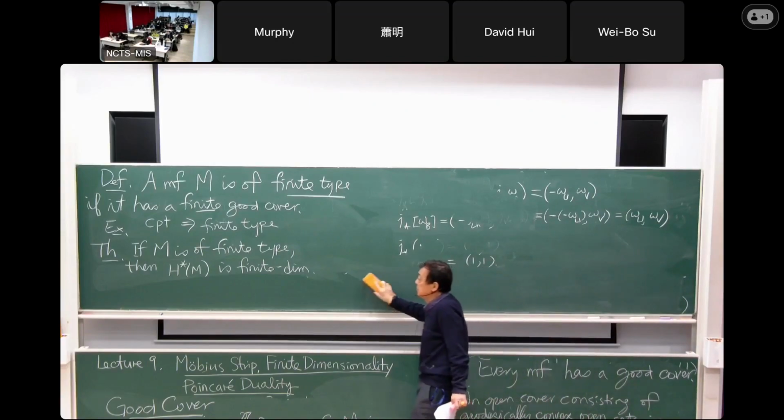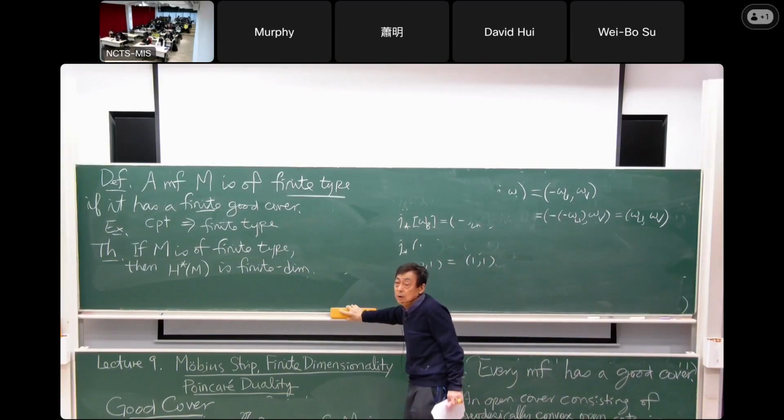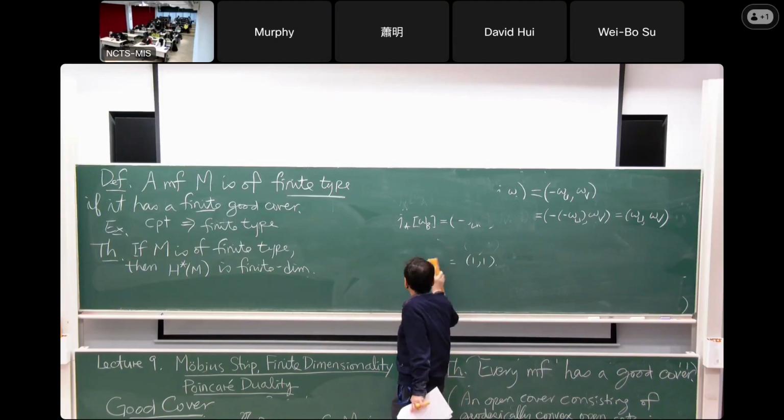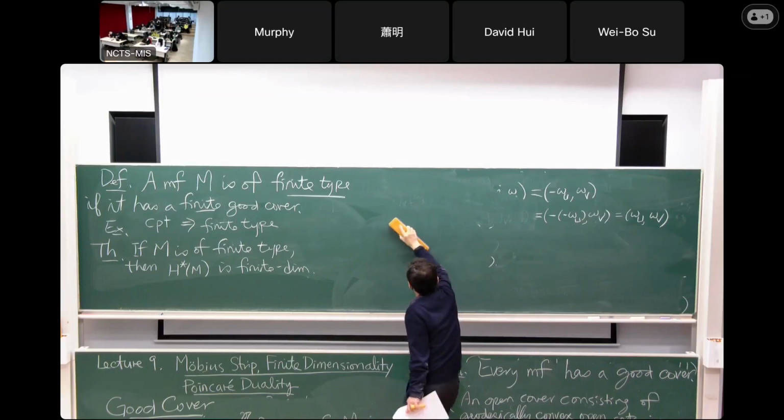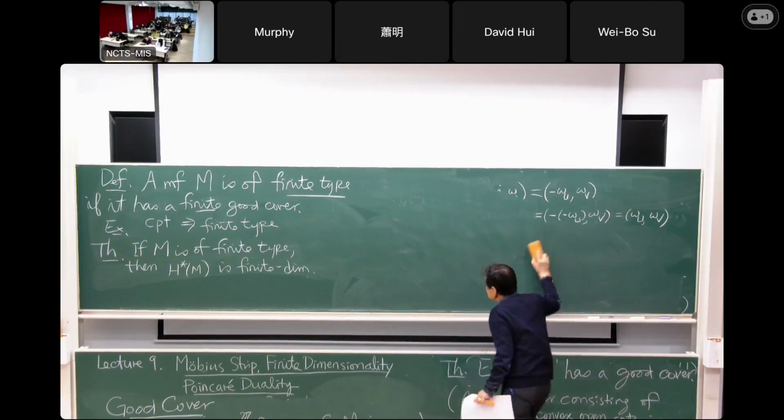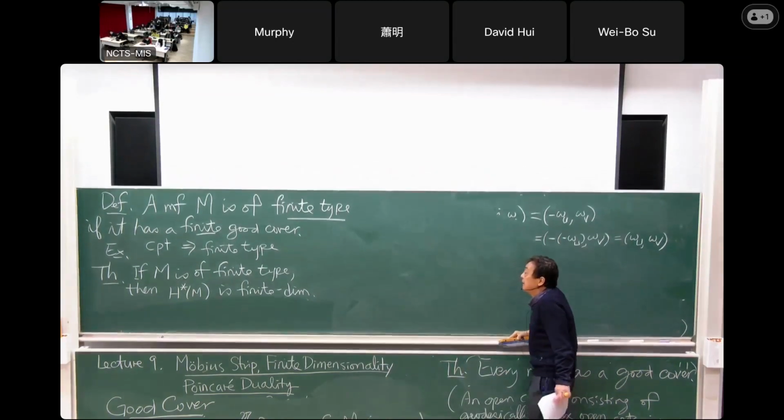If you start with just one open set in a good cover, that's Rn, and we already know the cohomology of Rn is the same as the cohomology of a point, and that's finite dimensional.